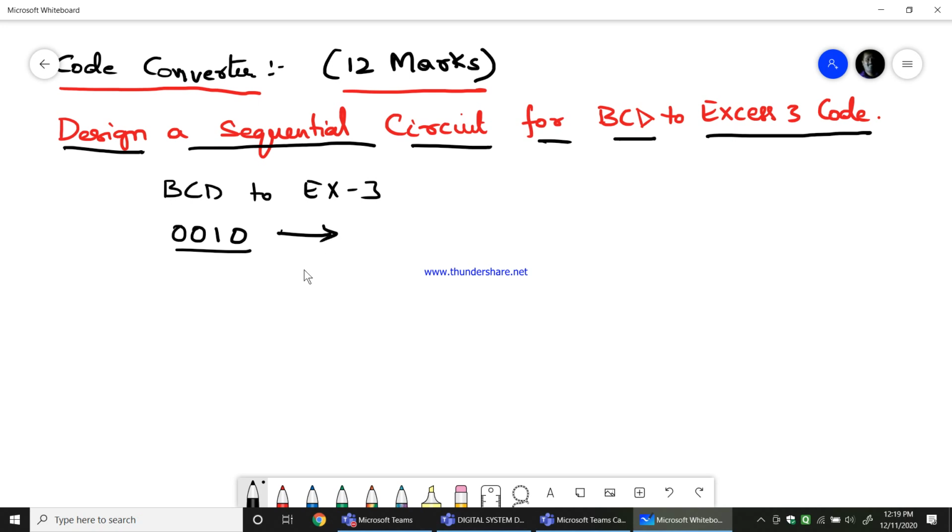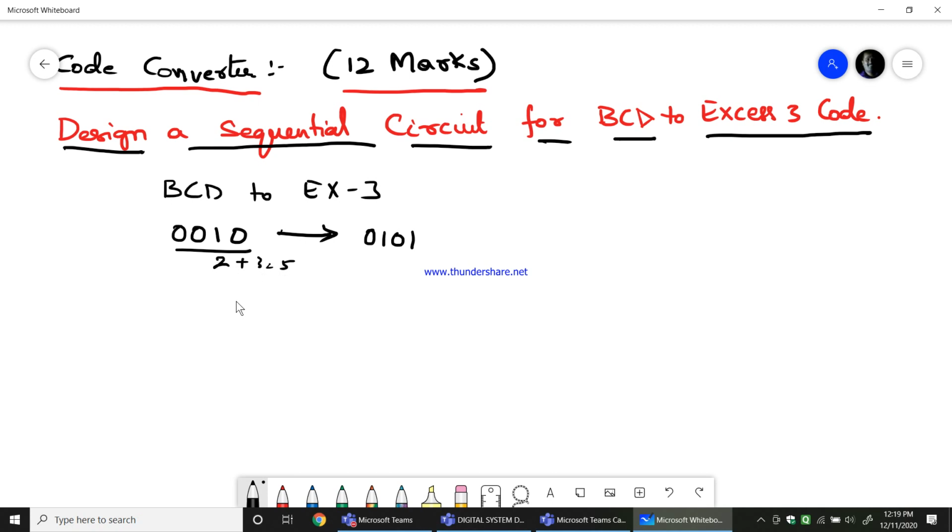Sir, 0101. Yeah, you are just adding 3. This is 2, if you add 3 it is 5, therefore 0101.